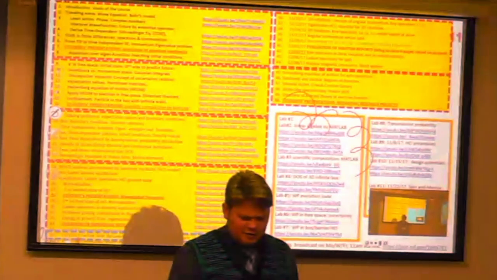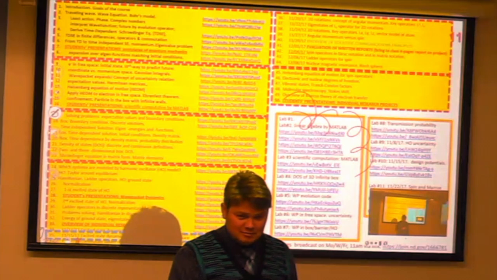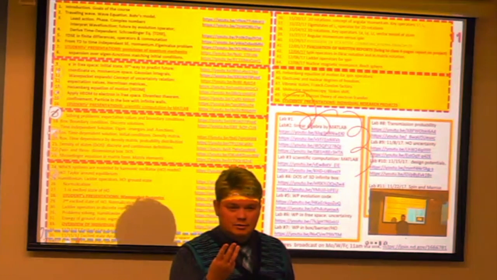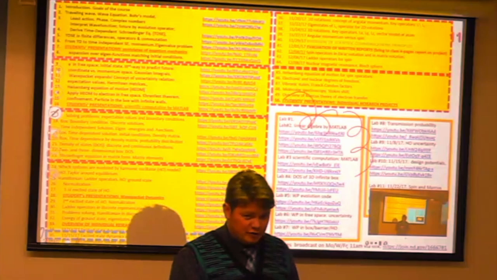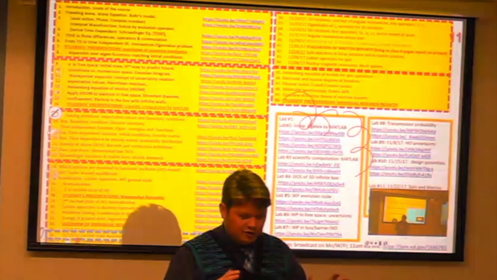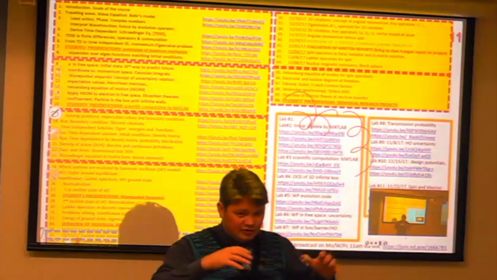So there is an equation: 3n minus 6, for nonlinear molecules. So if you have 3 atoms, times 3 will be 9, minus 6 will be 3. Therefore, 3 types of vibrations. So if you have so many atoms, each of them can vibrate, and the total number of vibrations is huge.